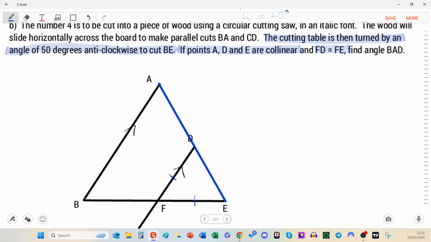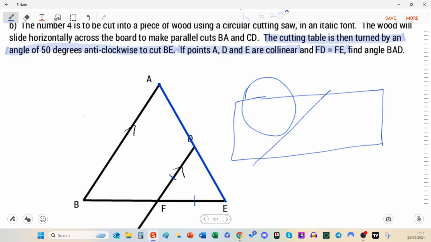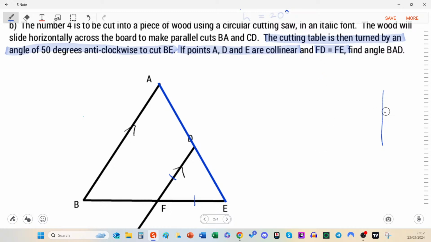So if we're cutting in this direction, and I guess we could draw the saw, it looks like this, and it's cutting in that direction, and it's on a board like this, and then the board is moved anti-clockwise 50 degrees, then what does that imply about the angles here?